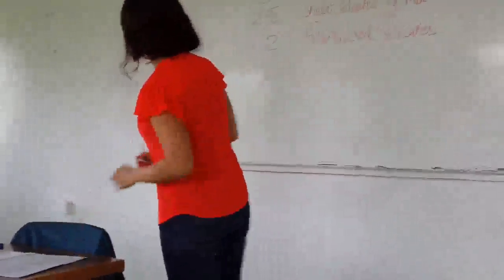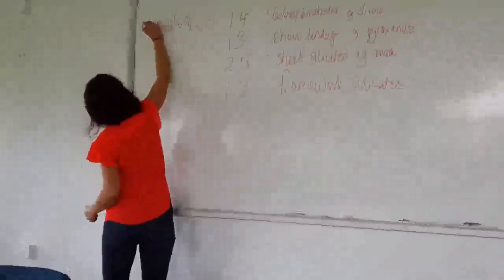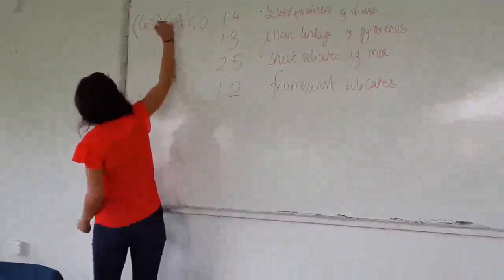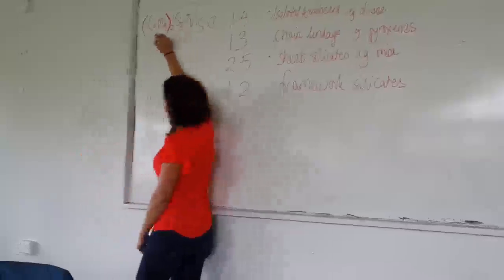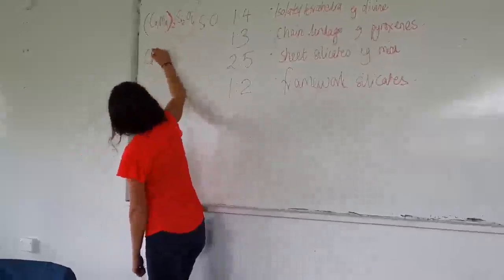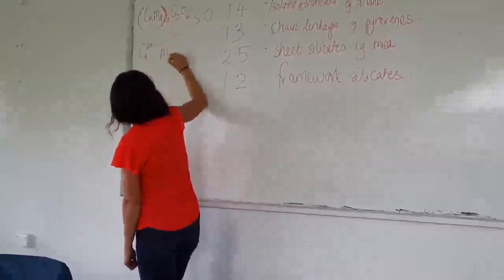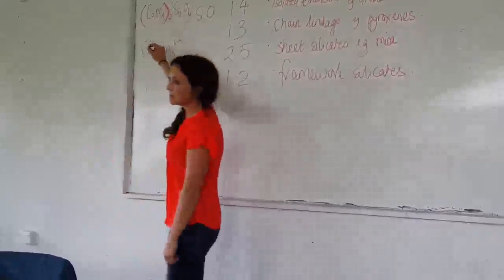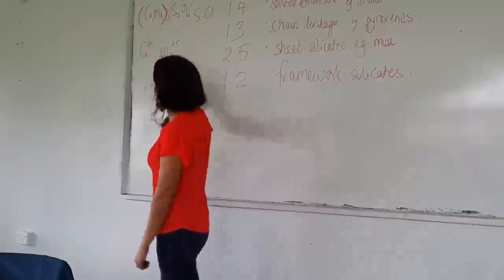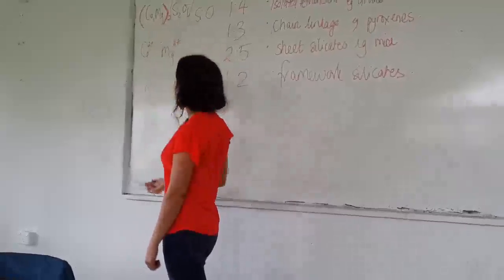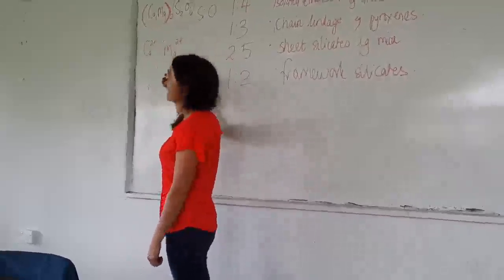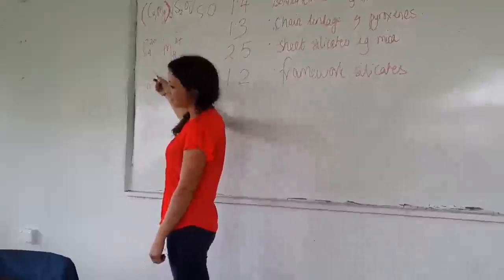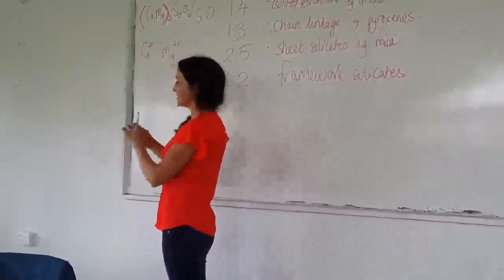Cation substitution. Wherever you see atoms that form cations, so positively charged ions, in brackets with a comma between them, that's because they can substitute for each other in this crystal structure. So where you can find a magnesium ion, you can also find a calcium ion, and they can substitute for each other.